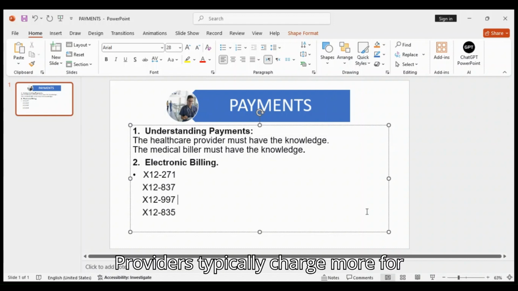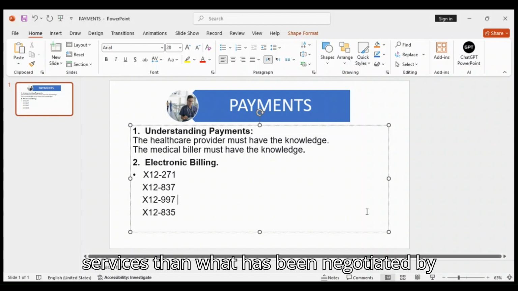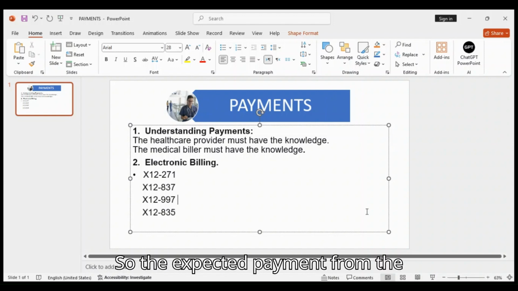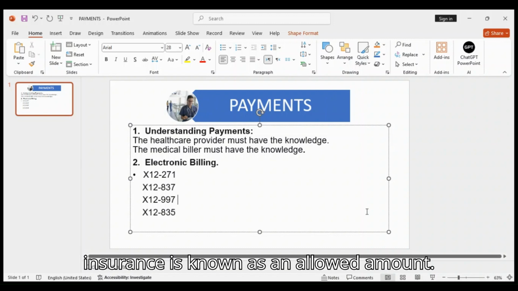Providers typically charge more for services than what has been negotiated by the physician and the insurance company. So, the expected payment from the insurance company for services is reduced. The amount that is paid by the insurance is known as an allowed amount.